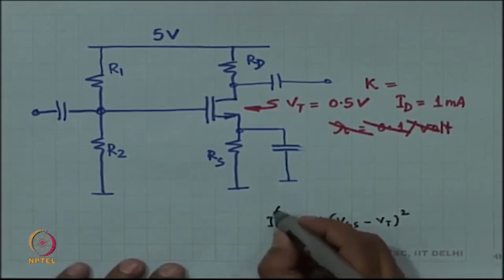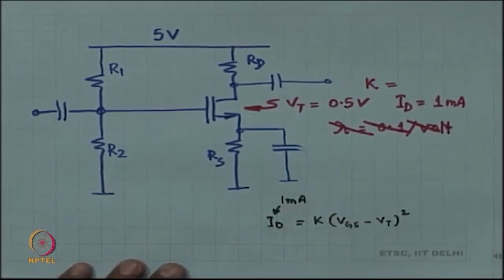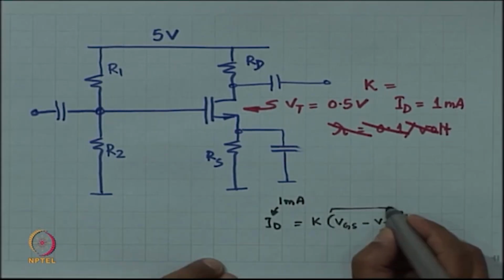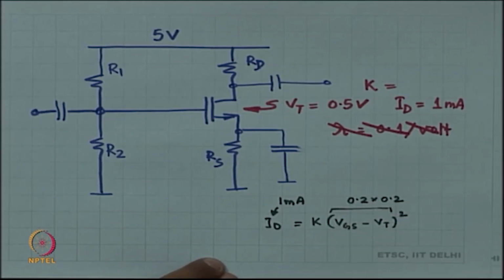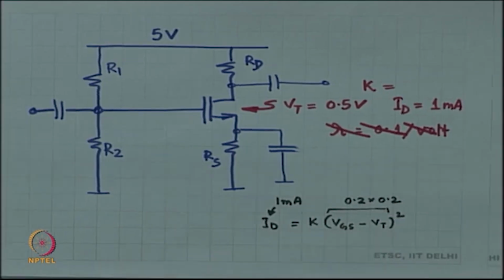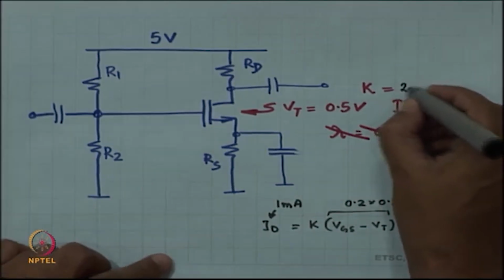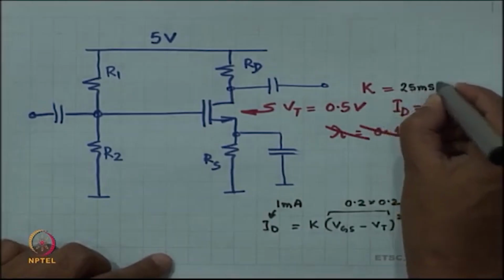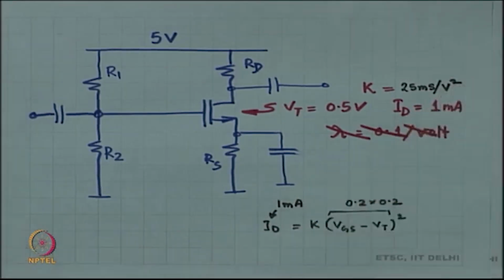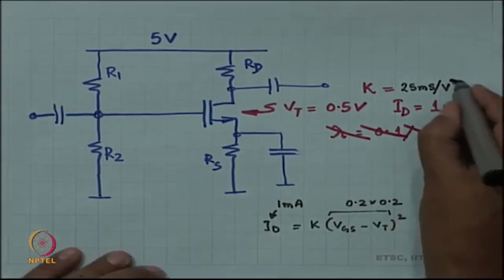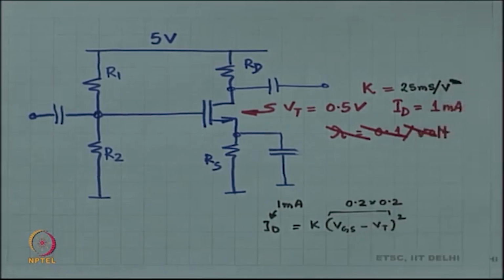If I want to keep ID to be 1 milliampere and a very reasonable value of VGS minus Vt is 0.2 volts, and there is a square. So, that is 0.2 into 0.2, that automatically means that my K should be 1 milliampere divided by 0.04. So, K should be 25 millisiemens per volt squared. Millisiemens per volt, I am sorry.